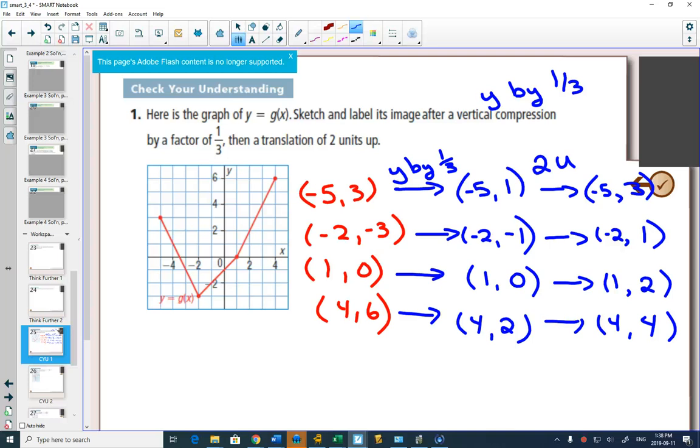Labeling those points now. Okay, -5, comma 3. That stayed the same. -2, comma 1. 1, comma 2. And 4, comma 4. Join our points together.